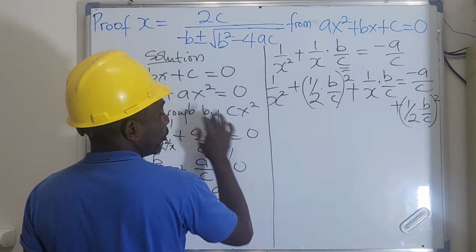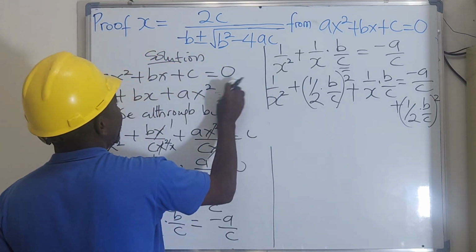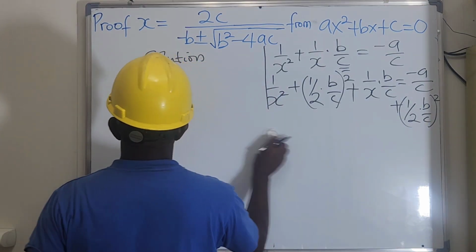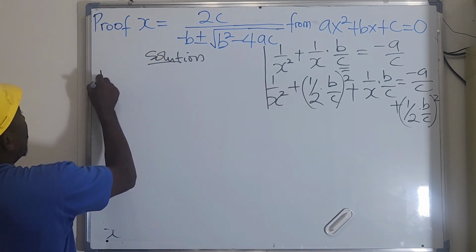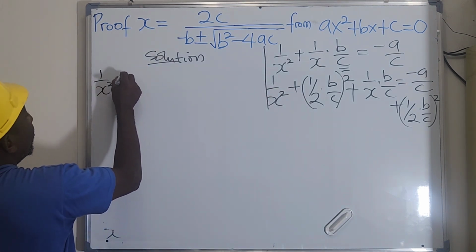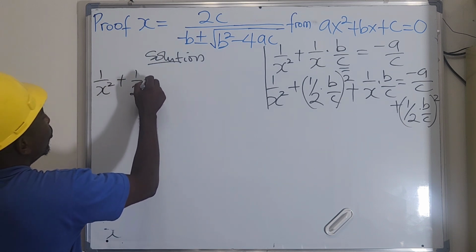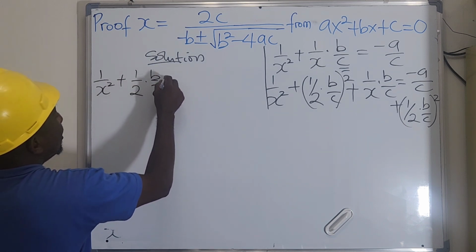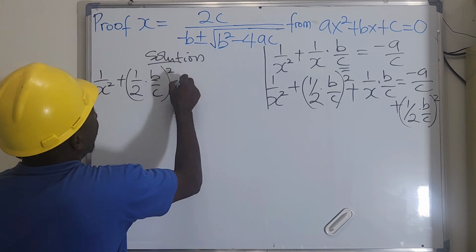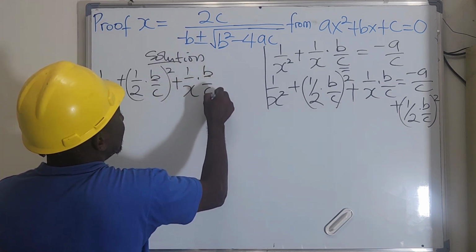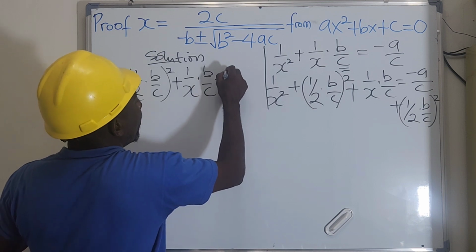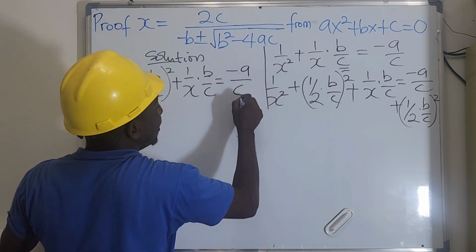Okay, let's transfer to the other side for a clearer view. So here is 1 all over x squared plus 1 all over 2 times b all over c, all squared, plus 1 all over x times b all over c equals minus a all over c.